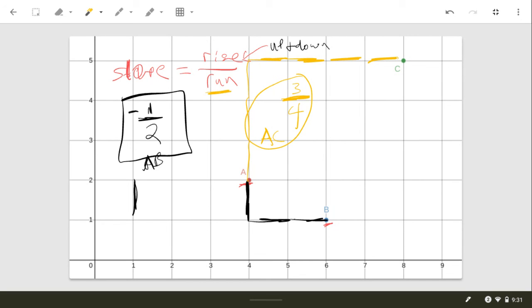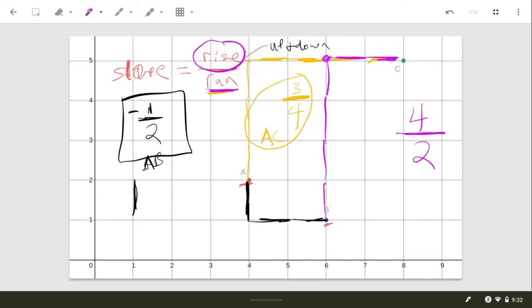Then the last one here, let's look at BC. We'll do purple. For the rise, we need to count how far apart they are up and down from each other. 1, 2, 3, 4. So 4 is the top number of our fraction. And then the run, how far apart left and right. 1, 2.